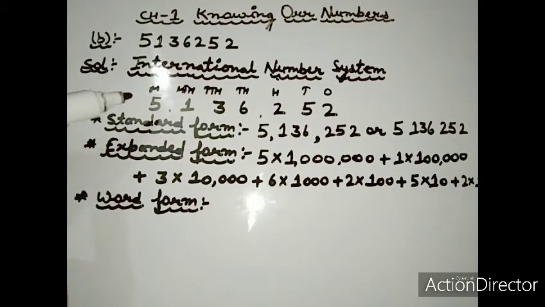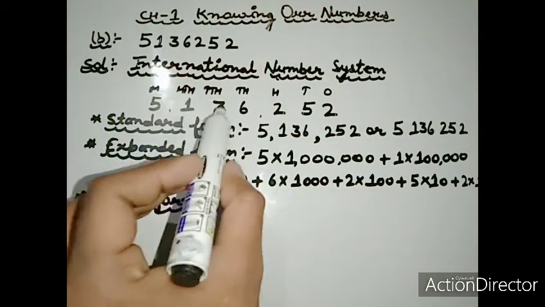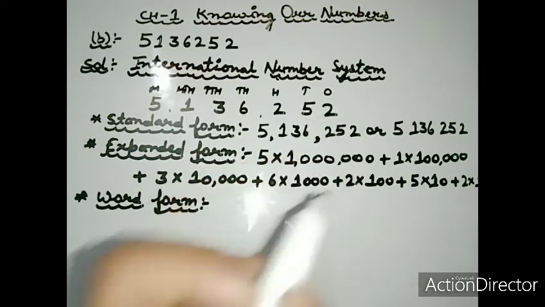Now here we read out this number according to their periods and places. So here 5 in a million place. So here 5 million, and we read this 1000 period 136,252.